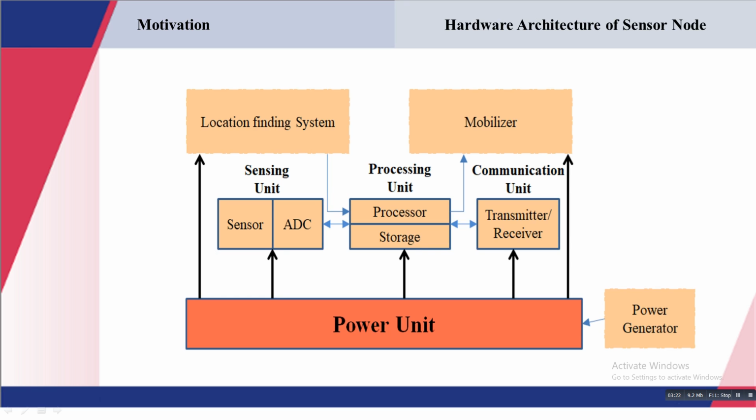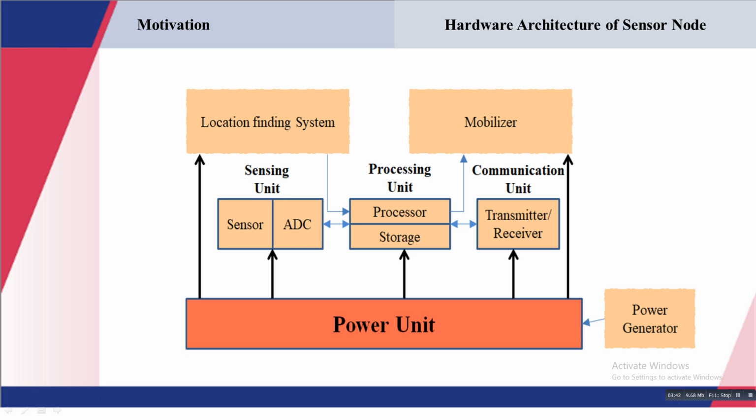Now apart from these four units, there are three other units. The location finding system helps in finding out the location of the sensor node. The mobilizer helps in making movements in the position of the sensor nodes. The power generator unit helps in harvesting energy from the external environment.